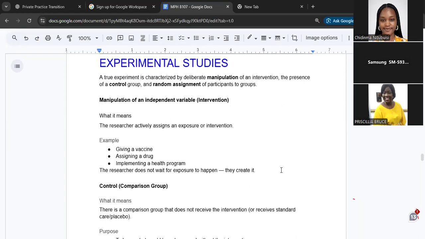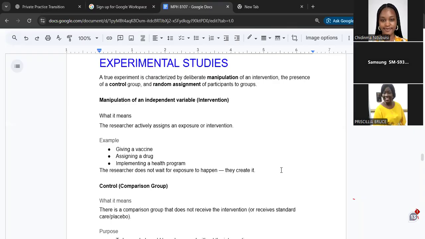If these three things are present, then we can say this is a true experiment. If they are not present, then we can start asking, is this a quasi-experiment? Is it a pre-experiment? But if we see the three, manipulation of an independent variable, a control group, and random assignment, then this is a true experiment in the truest sense of it.